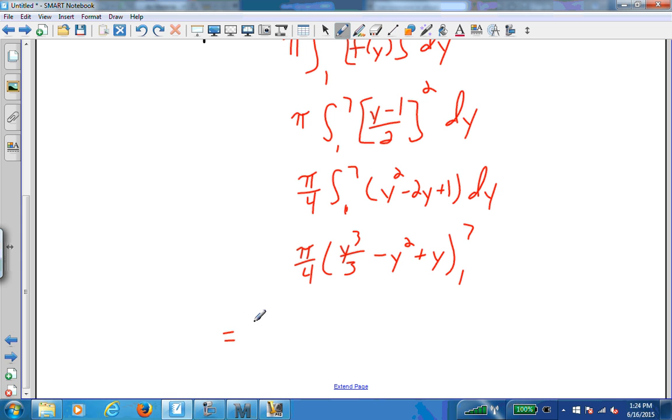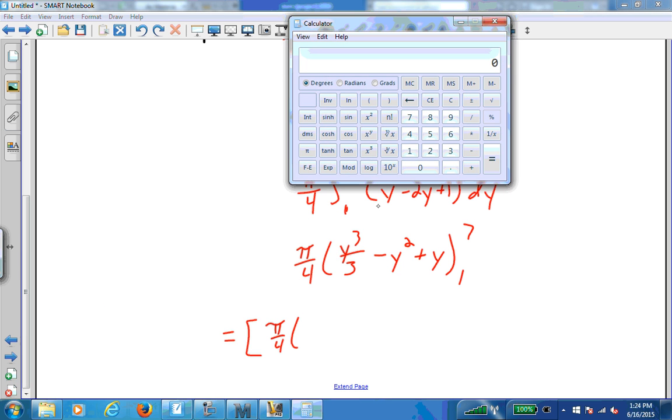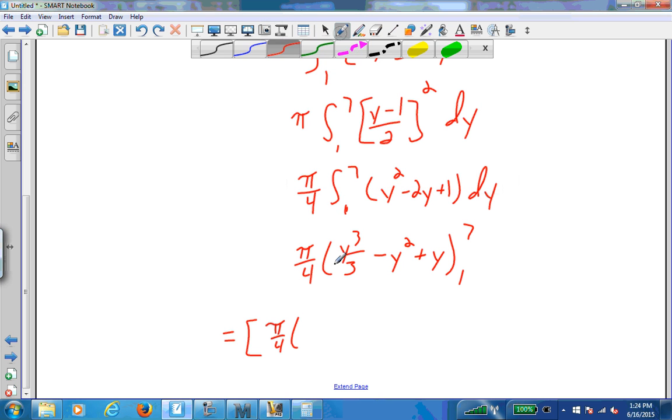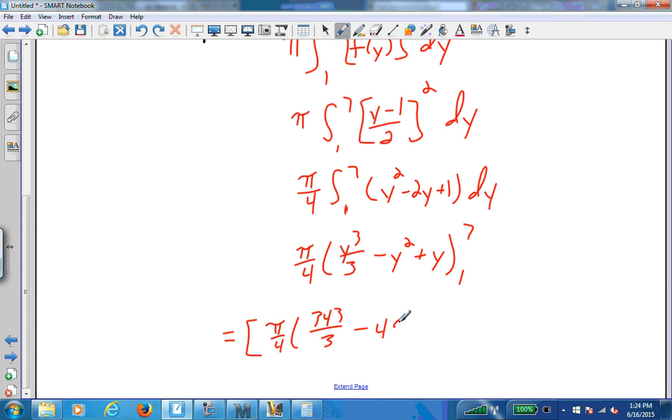So put a 7 in: pi over 4 times 7 cubed, which is 343 over 3, minus 7 squared plus 7, minus all of that with a 1 put in. So 1 cubed, so 1 over 3, minus 1 squared plus 1.